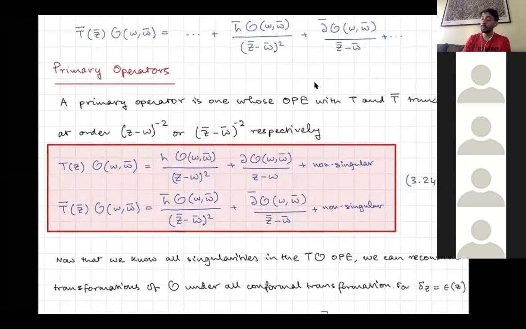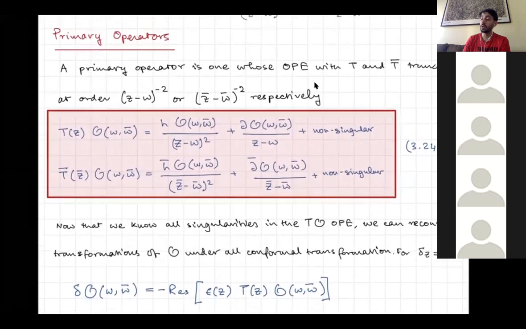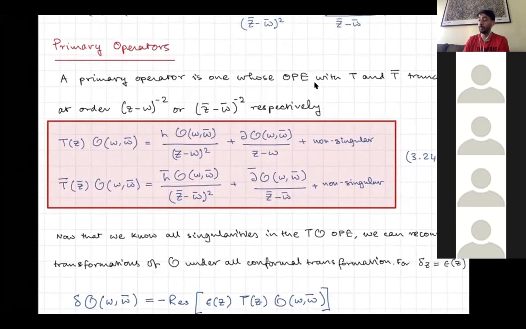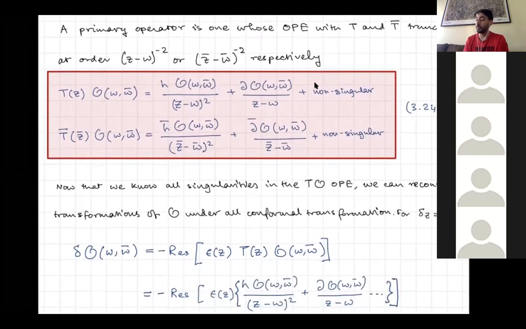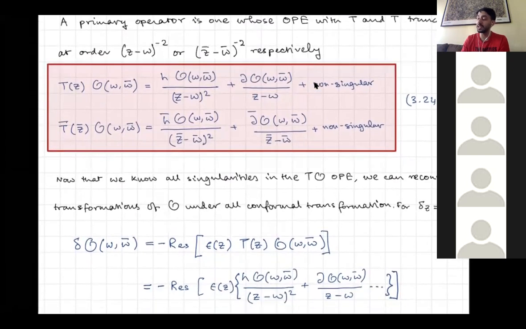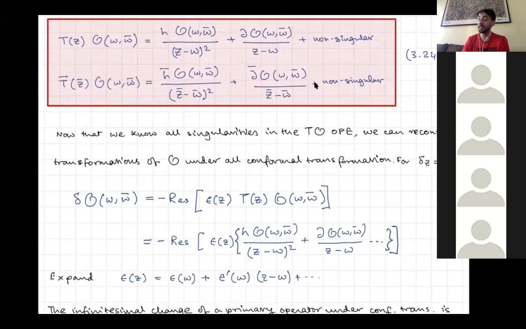Once you have the form of the OPE, if this 3.24 is something that you have got, then you can write down the transformations of O under all sorts of conformal transformations. The infinitesimal form of this is again just you plug back the fact that you have this TO OPE, and you look at this whole object.